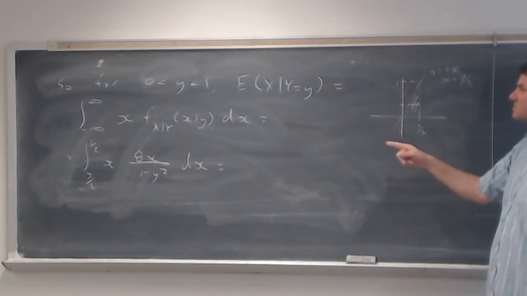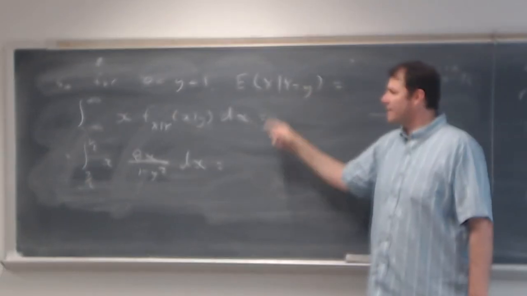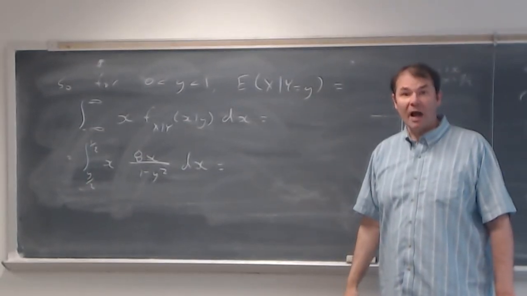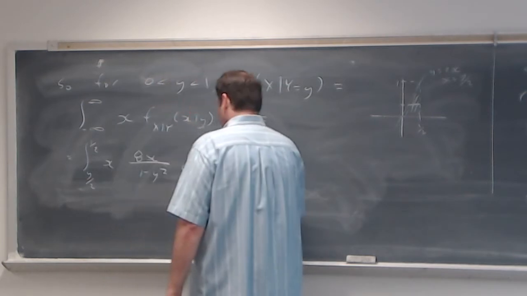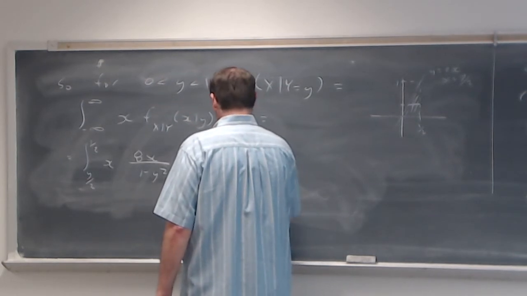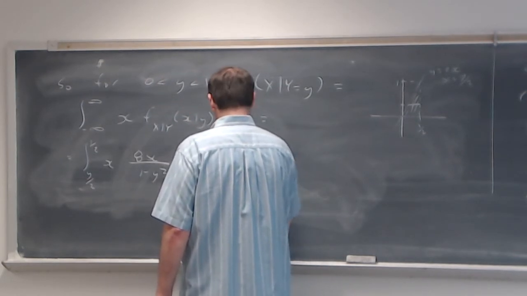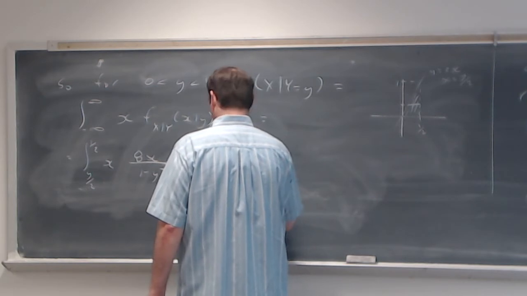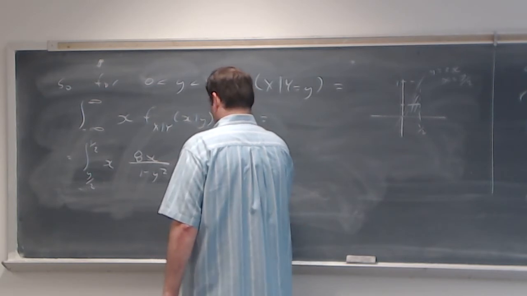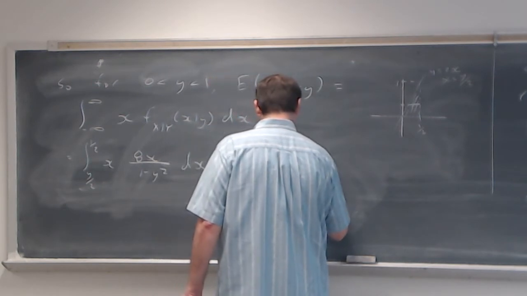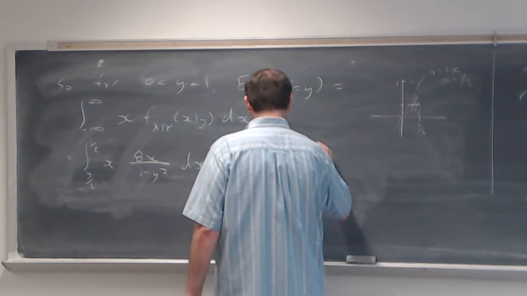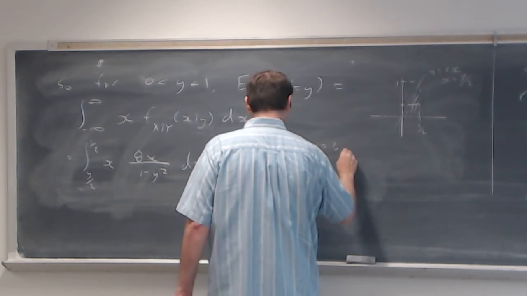Why do we have this bound? It's because this quantity right here depends upon y, whatever the fixed y is. Here, this ends up being 8x cubed over 3 times 1 minus y squared, integrating with respect to x. I need to evaluate that with x running from y over 2 to x equaling 1 half.